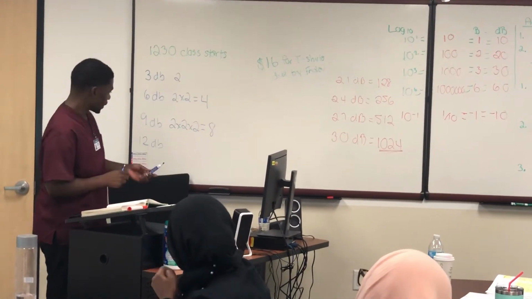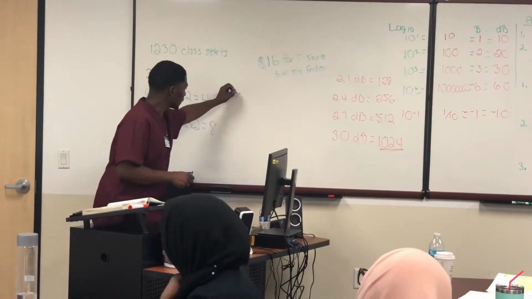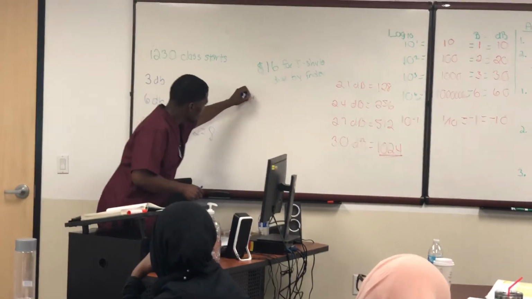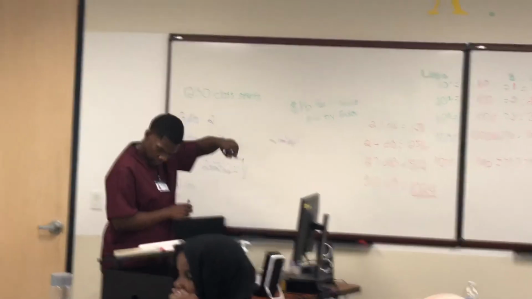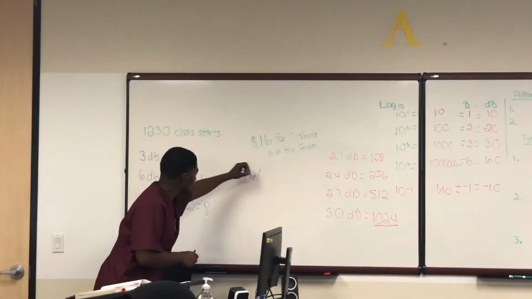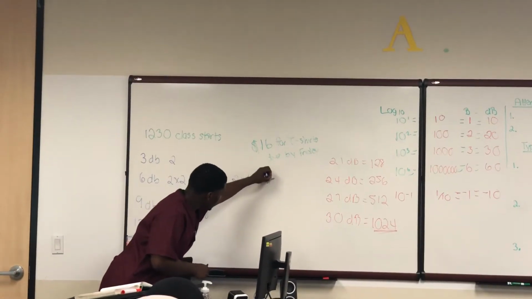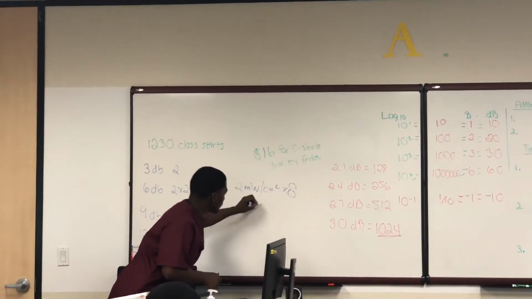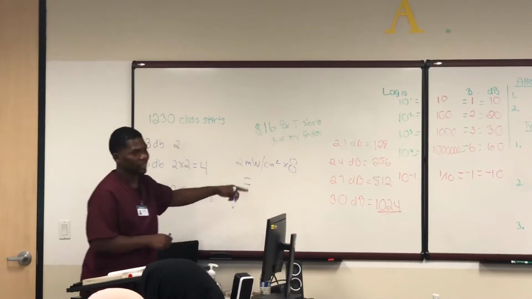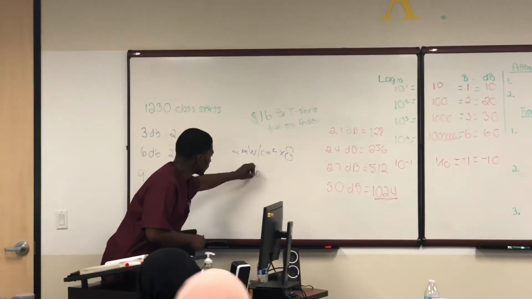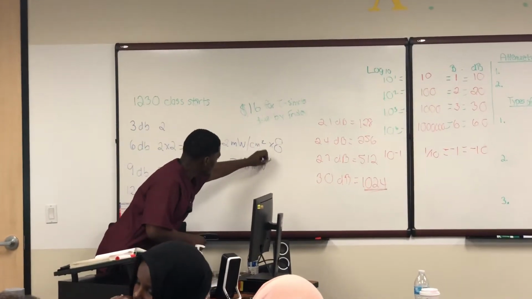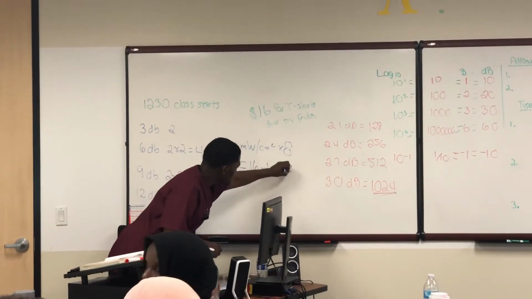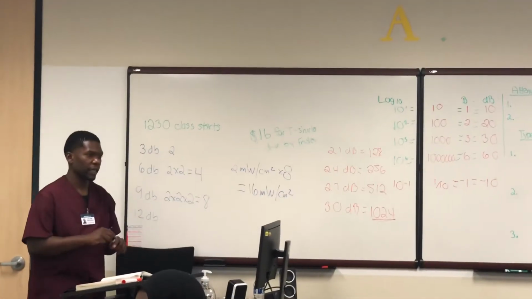So initial intensity is 2 milliwatts per centimeter squared times 8. That's going to equal 16 milliwatts per centimeter squared. That's how we get that answer right there.